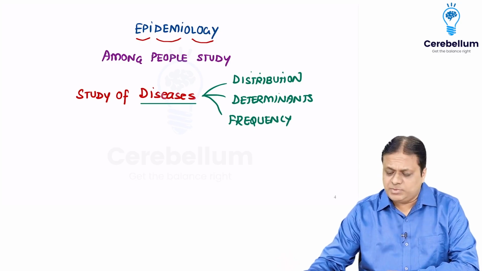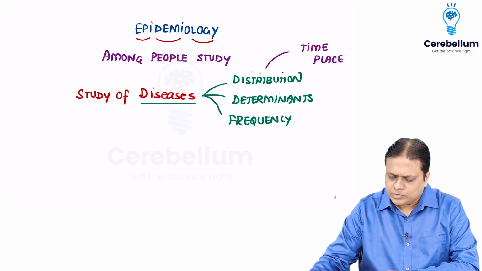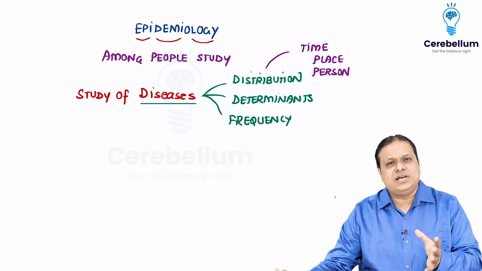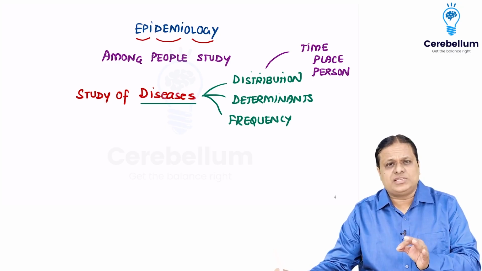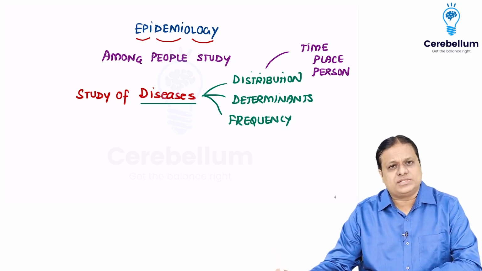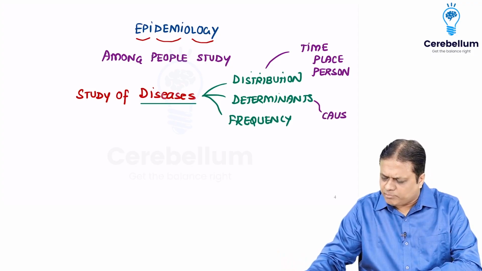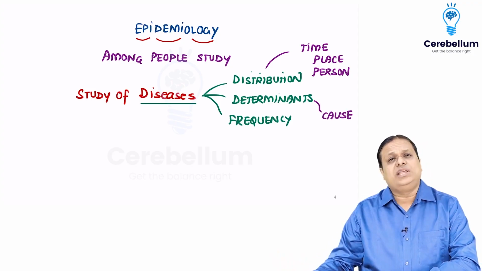A disease may be distributed in time, place, or person. So time is the seasonal distribution, place is the geographical distribution, and person is according to age or sex of the person. When we look at determinant, this is the most important part in the definition, causative agent.